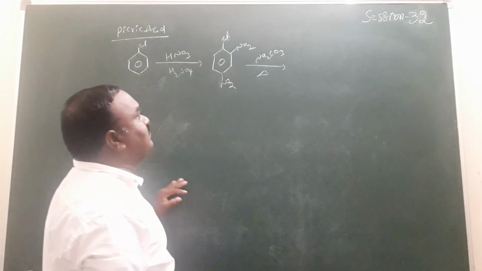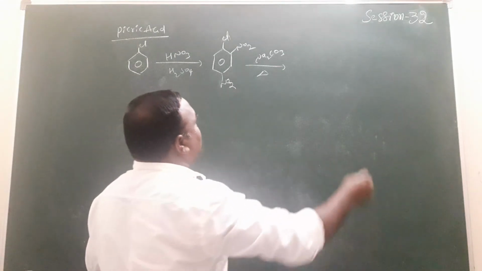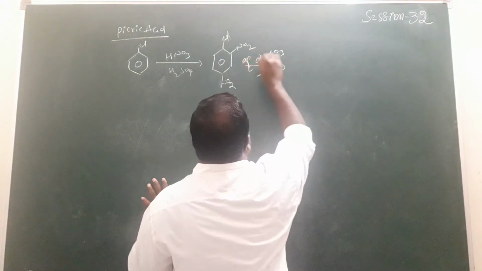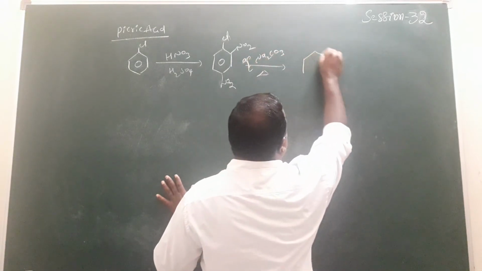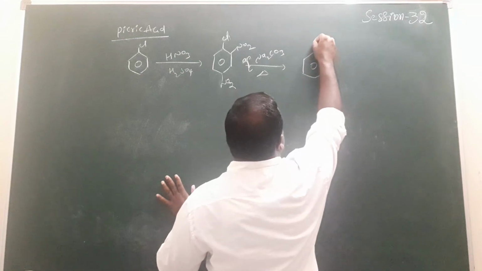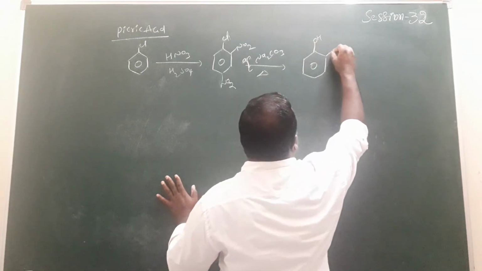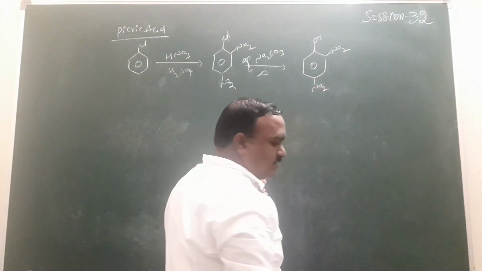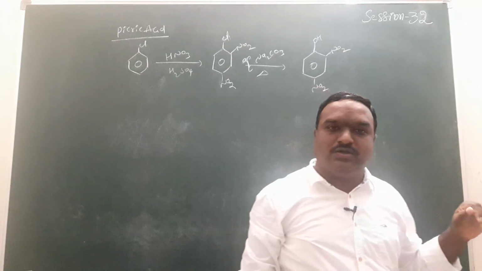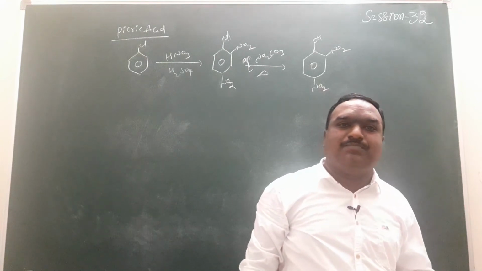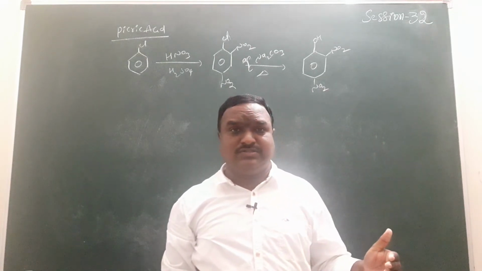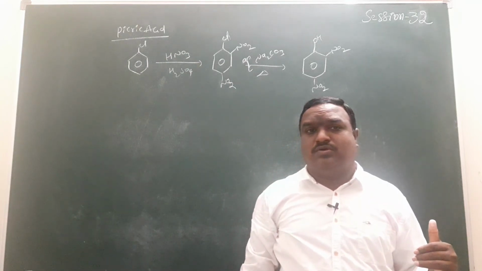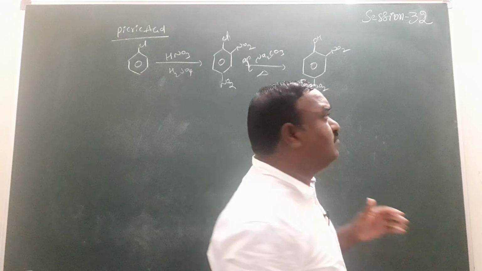Now, if you apply Na2CO3 at 130 degrees centigrade temperature, the nucleophilic substituted product forms. The Cl is replaced by OH. Further nitration is given. What will happen? Nitration means OH is an ortho para directing group, so the ortho para directing product is important.